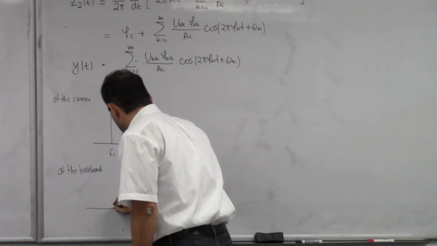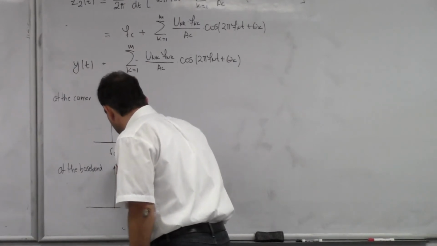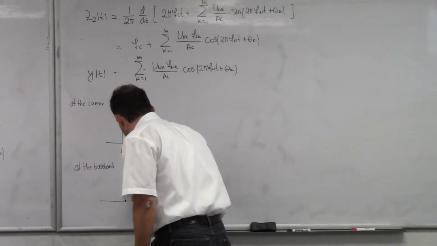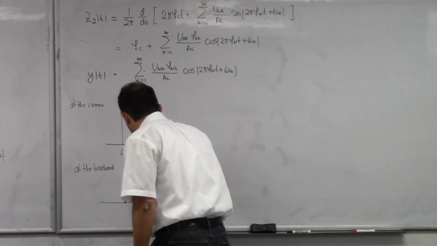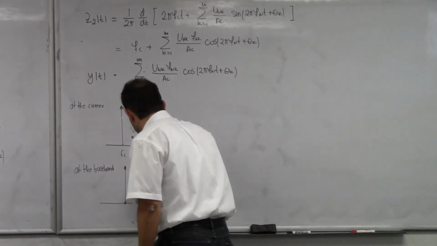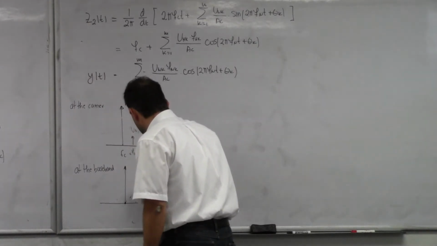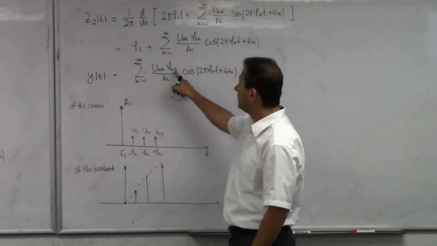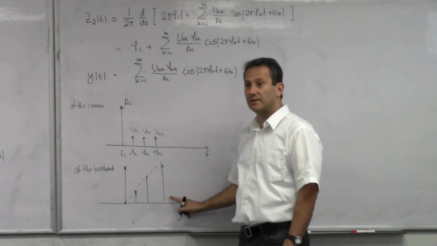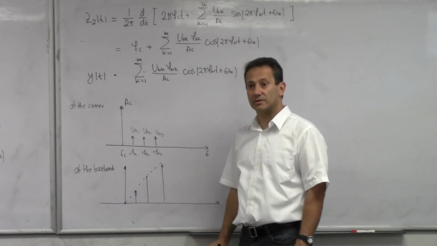That's this guy at 0. And then there are 3 components here: Fn1, Fn2, Fn3. What happened to their magnitudes? Their magnitudes are scaled by Fn. The further away they are, the larger their magnitudes are.